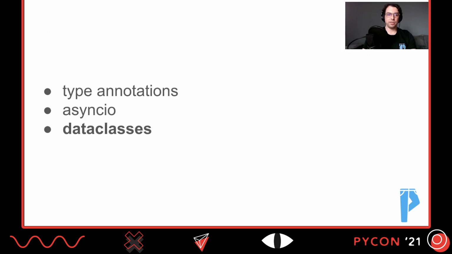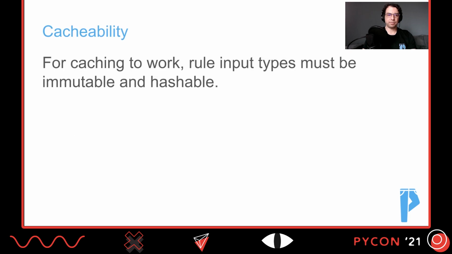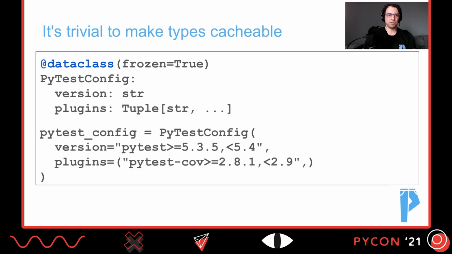Which leads us on to data classes. So this is all about cacheability. For caching to work, rule input types have to be immutable and hashable, and I think it should be fairly obvious why that is the case. You have to be able to compute a key, and you have to know that that key always refers to equal objects. Python has an out-of-the-box solution for this, which is frozen data classes.